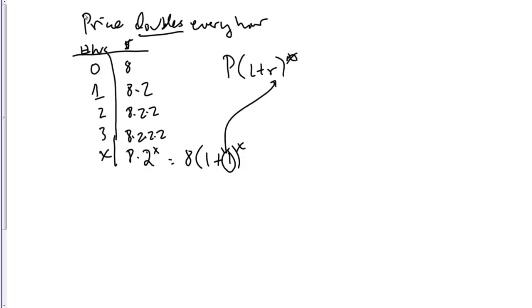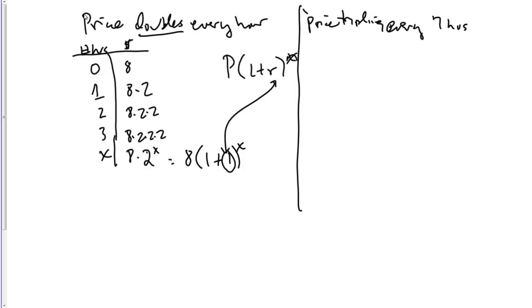And what about a case where the price is tripling, not every 1 hour, but let's say every 7 hours? What would that function look like? Again, we'd have the number of hours, and what would the price be?